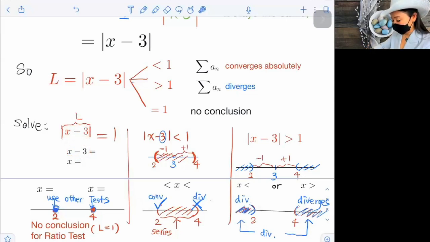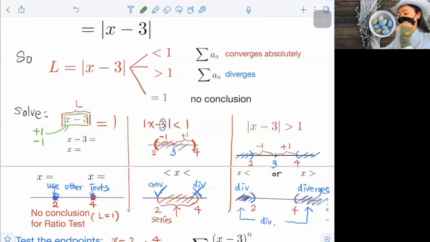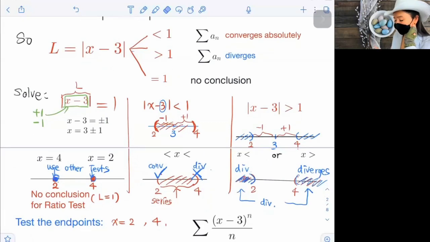Both of them have an absolute value equal to 1. So x minus 3 will be equal to plus or minus 1. So what does x equal? 2 or 4.